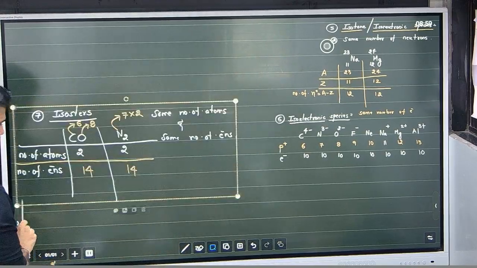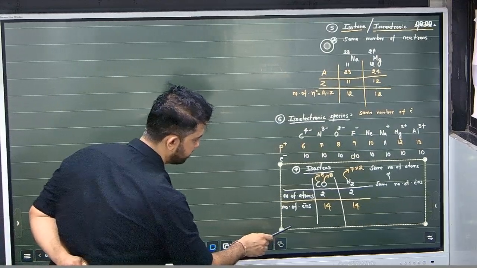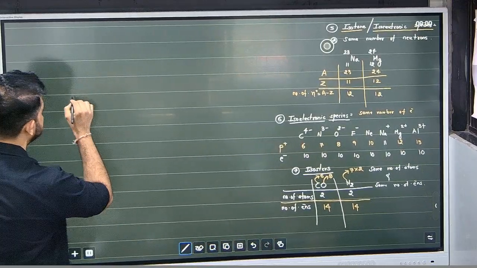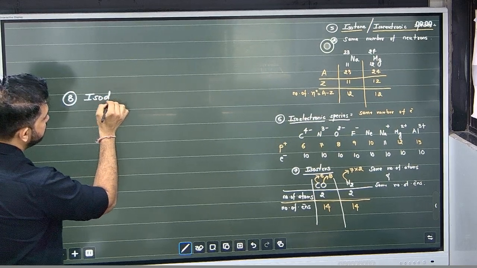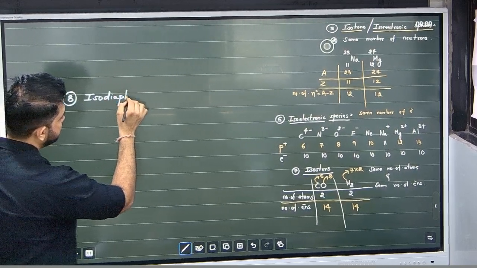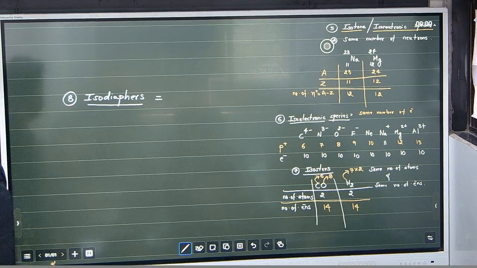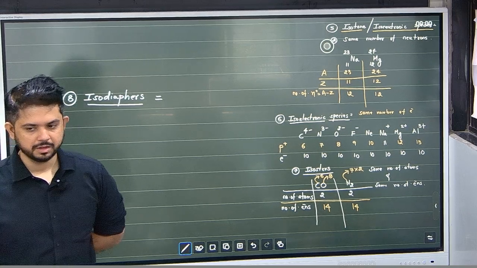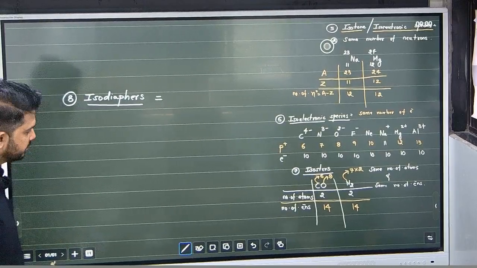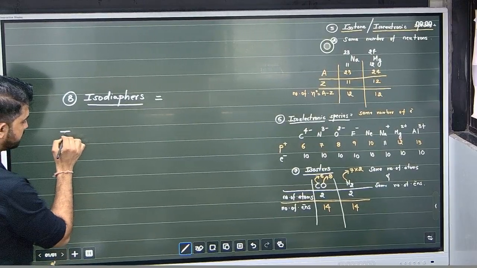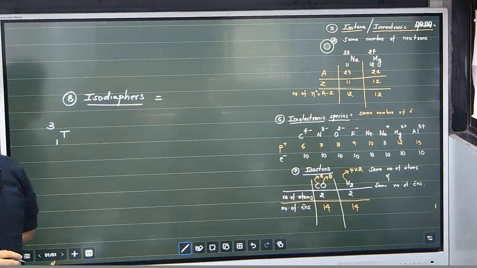Chalo, the next one we have is isodiaphers. We'll again understand isodiaphers with the help of an example. I have, what is this, T13?